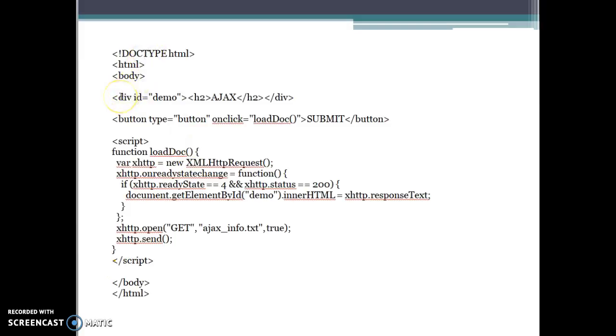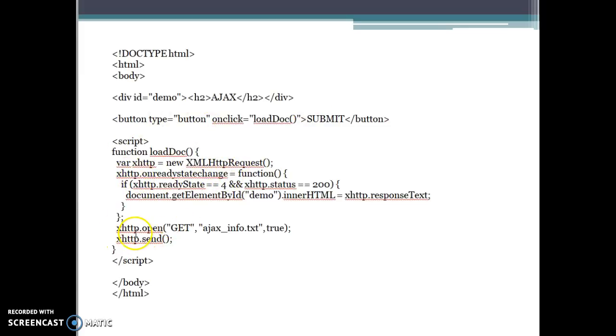Here I have written a div which will contain the information from the server. Here is a button and button has a function which function is being written in the script tag.